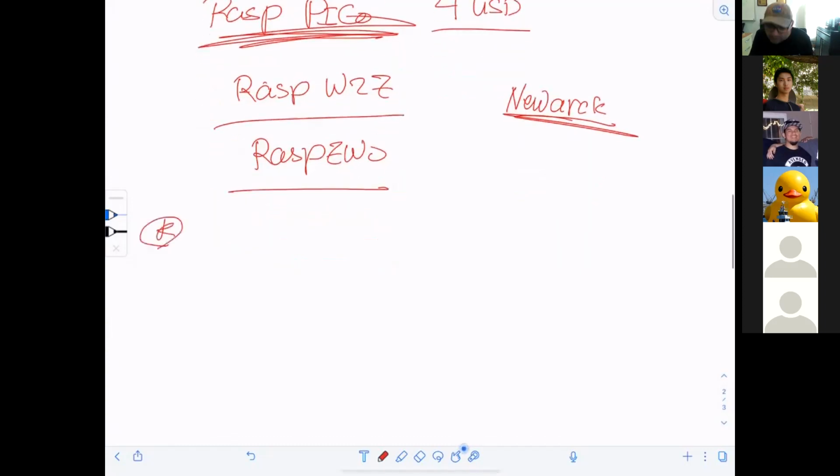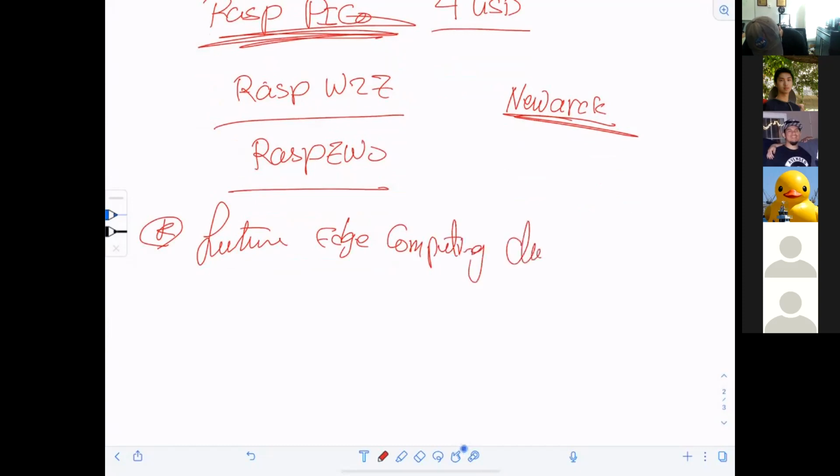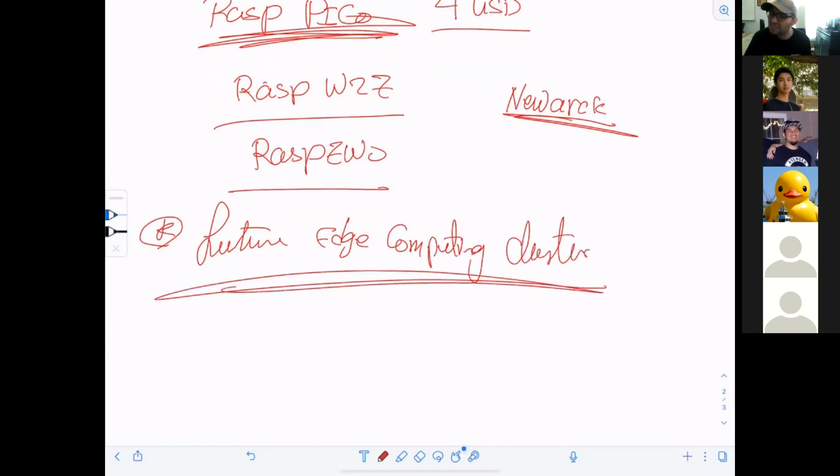Then there is another thing which I love, which will be great, and I will help you with this. It's called future edge computing clusters. Have you guys heard about this?